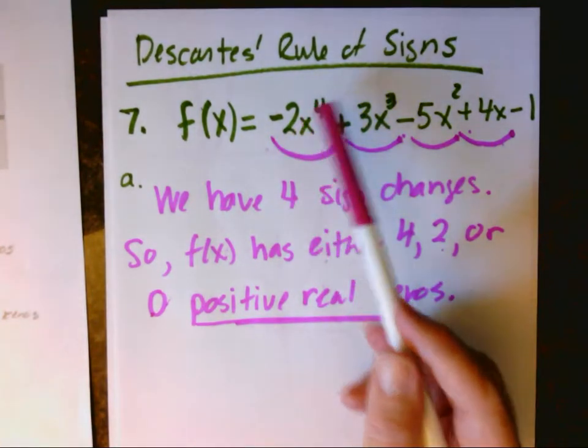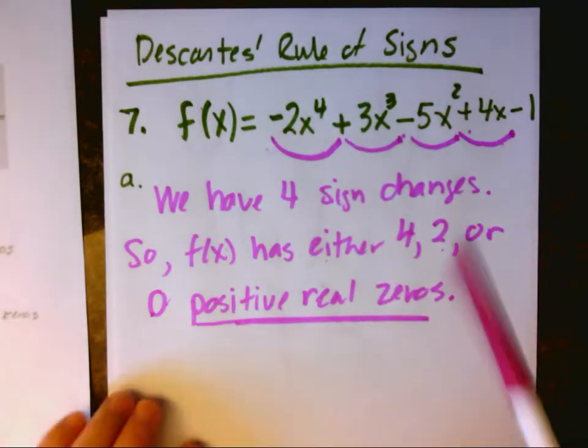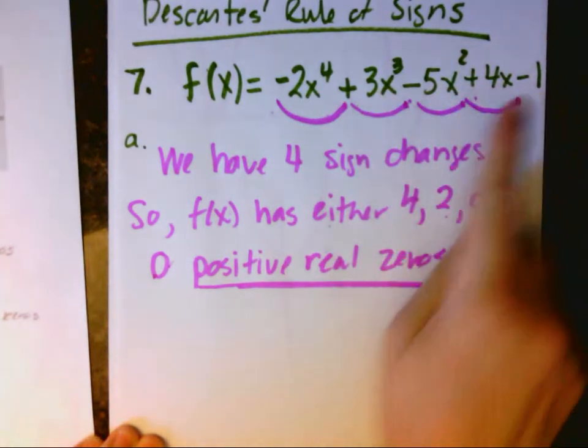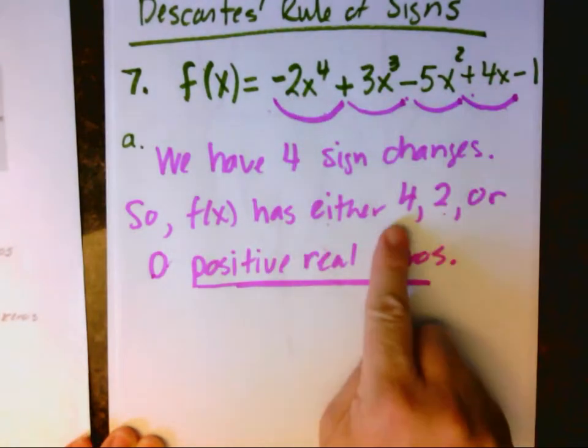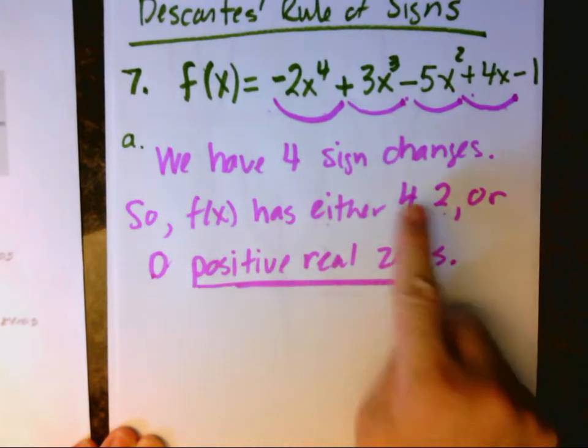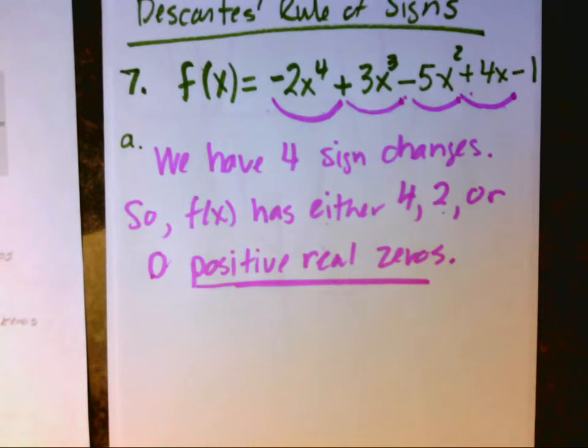That's coming up, so this is going to make a little more sense later. But for now, you're just going to have to accept that when the sign changes, count those. That's the most of the real positive zeros you can have, or subtract 2 from it to get the other possibilities. So this will either have 0, 2, or 4 positive numbers that will intercept or give us 0.